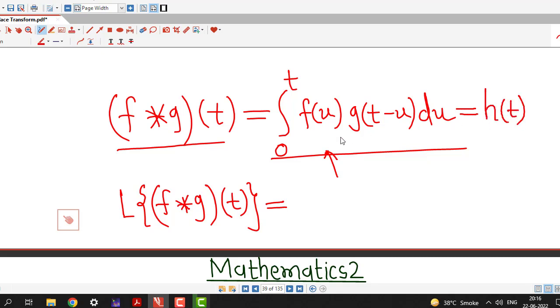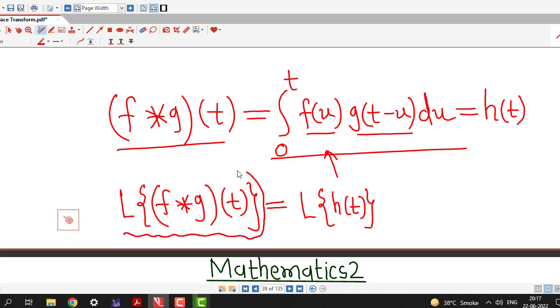I will integrate this f of u g of t minus u with respect to u from u equal to 0 to t, and I will obtain some function of t, and then I will obtain Laplace transform of that convolution. But we have one result which says that we can directly find out Laplace transform of convolution without obtaining this function using this definition.